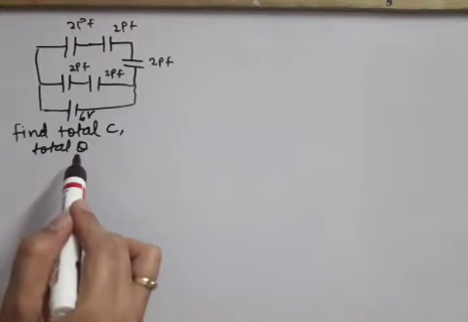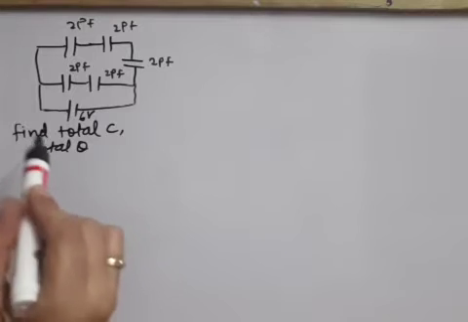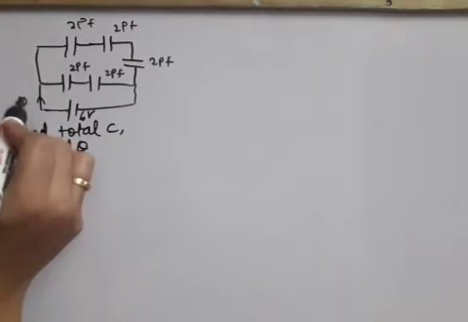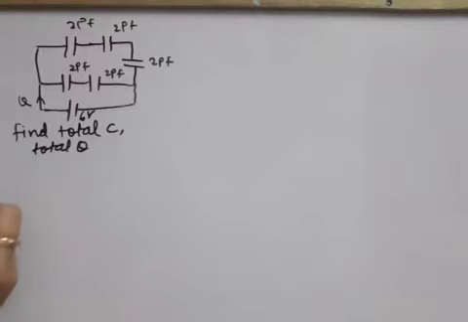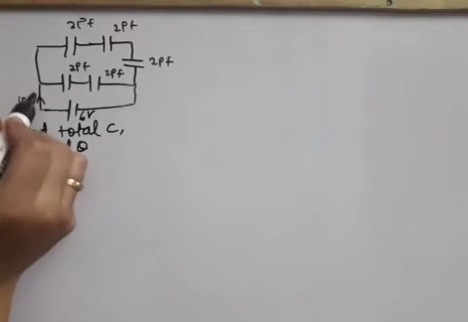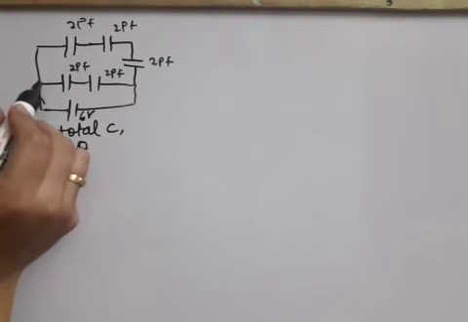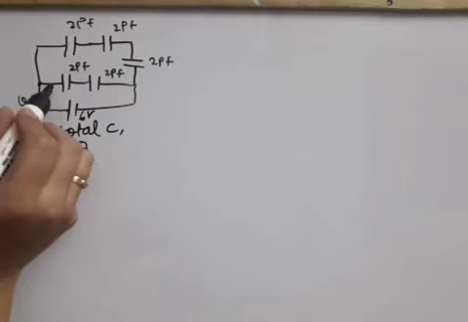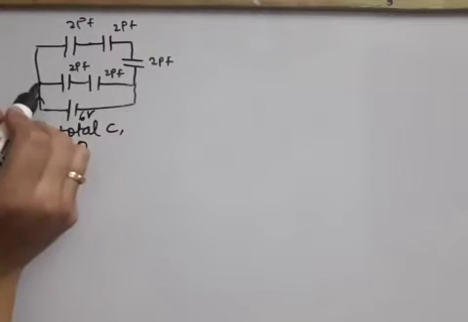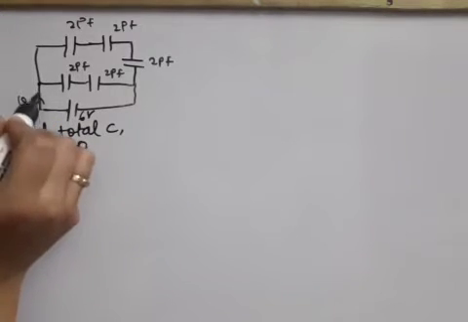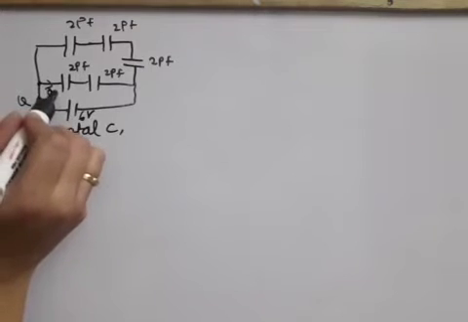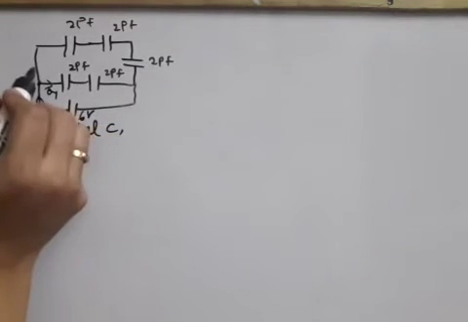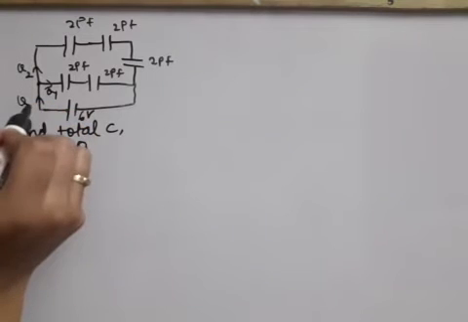So let's start now. The technique is that we have to take initially a charge Q from the positive of the battery. Now this charge will flow, and as soon as it will reach a joint, that means where two wires are appearing, so this charge has to divide. Suppose charge Q1 will flow in the lower branch and Q2 will flow in the upper branch.